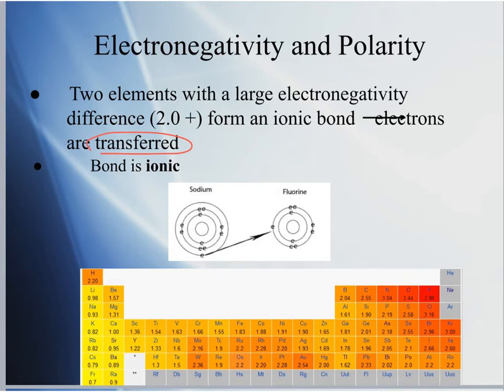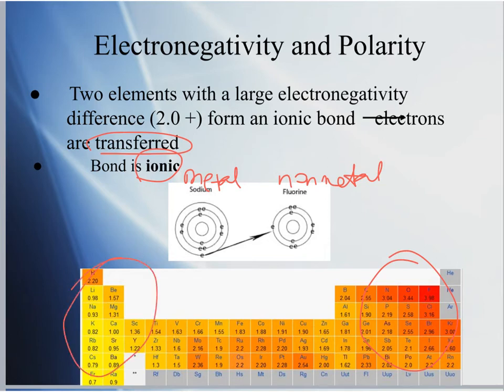So this happens in ionic bonds, where we're going to have a metal atom and a non-metal atom. The electronegativity values on the non-metal side are fairly high, and the values on the metal side are very low. So most of the time we're going to get a difference of 2 or greater. What this literally means is that fluorine's attraction is so strong, it rips sodium's valence electron away from him.